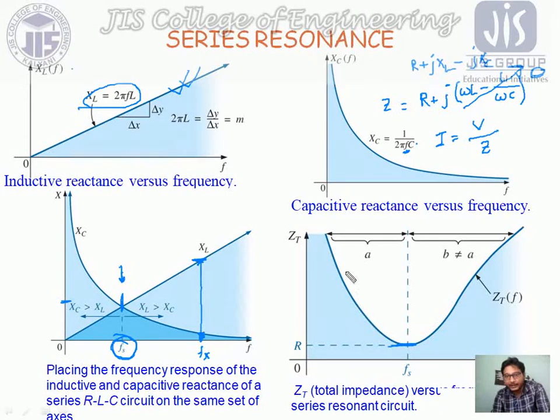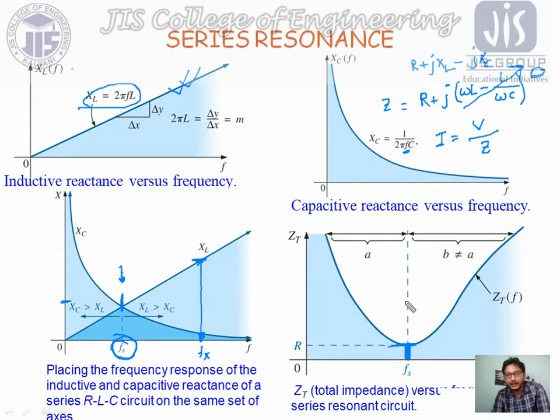This minimum point can never be 0 because the circuit contains some amount of resistance. Before resonance the circuit has more impedance than at the resonance condition, and similarly after resonance the impedance is also more.